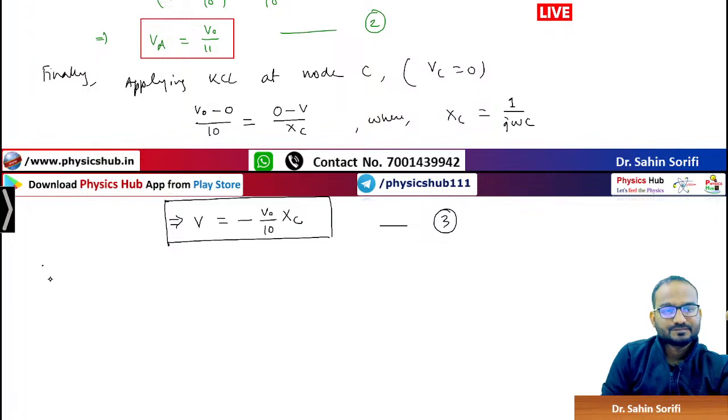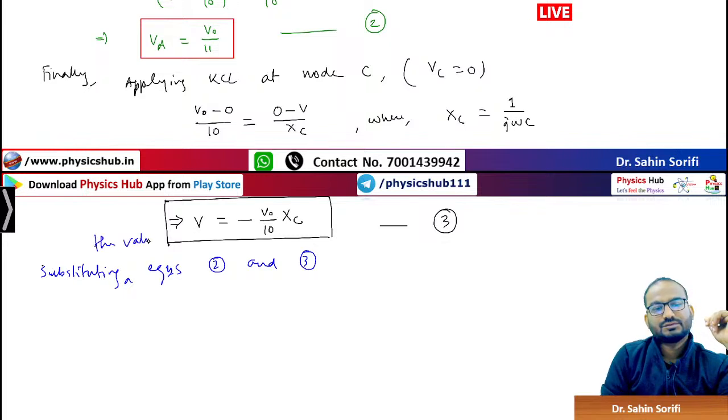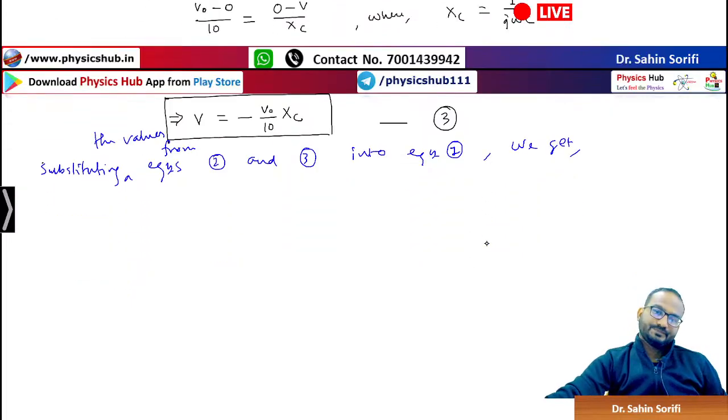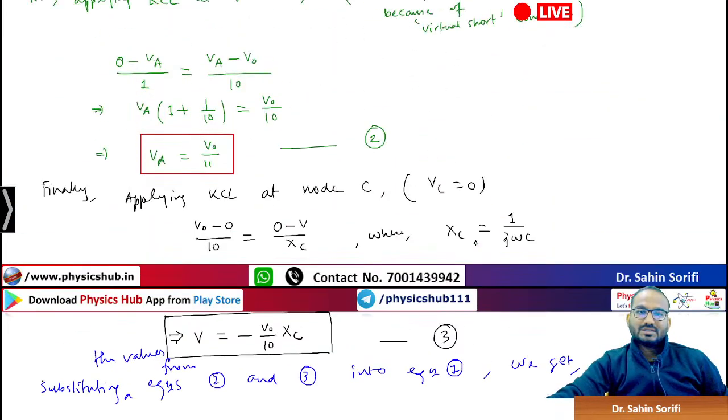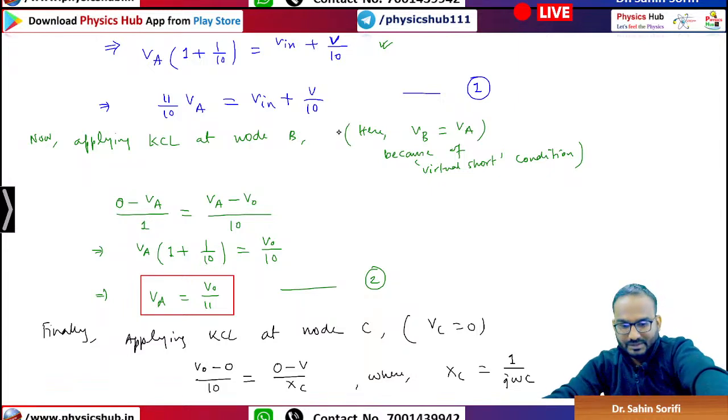Substituting the values from equations 2 and 3 into equation 1, what do you get? Look, what was there? 11 by 10 Va equals Vin by, okay, let's just copy.